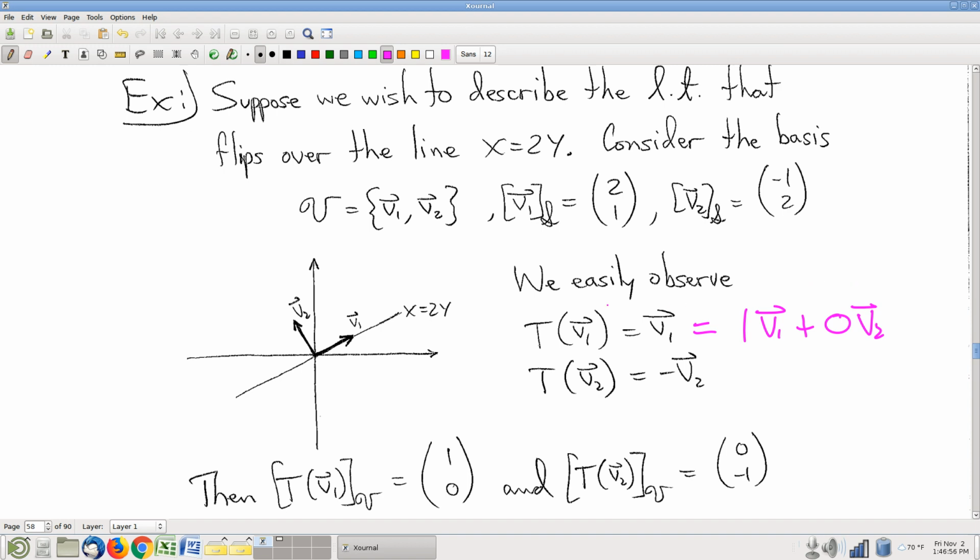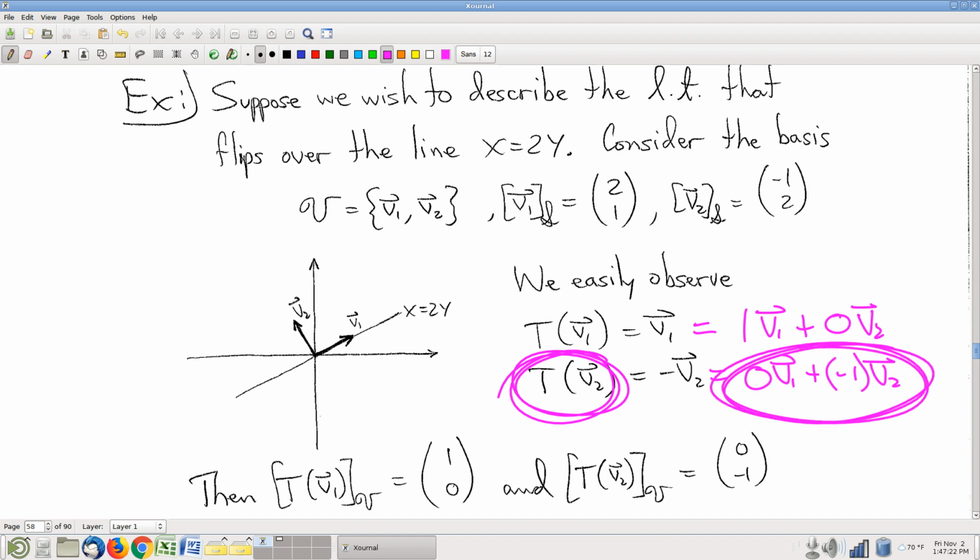So, I can view T of V1 in terms of this script V basis, this new basis that I've made consisting of V1 and V2. Likewise, it's really easy to write T of V2. This is 0 V1 plus -1 V2. So T of V2, easy to write in terms of V1 and V2.